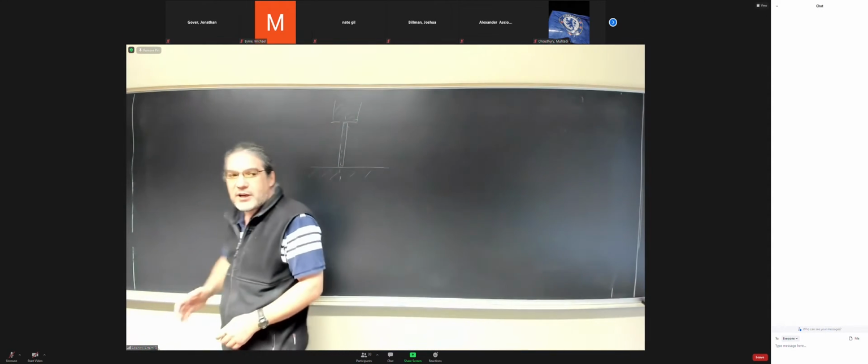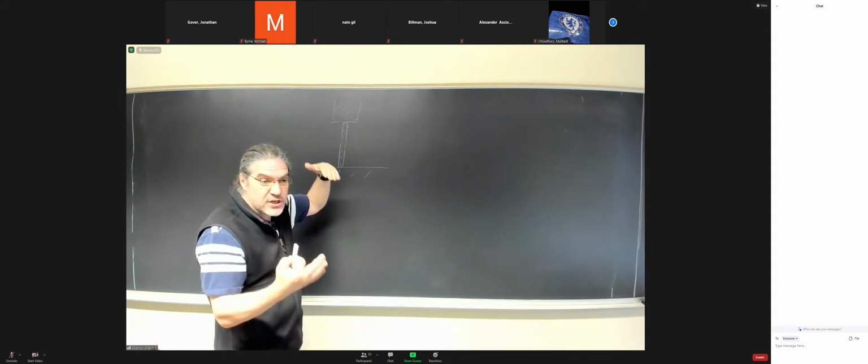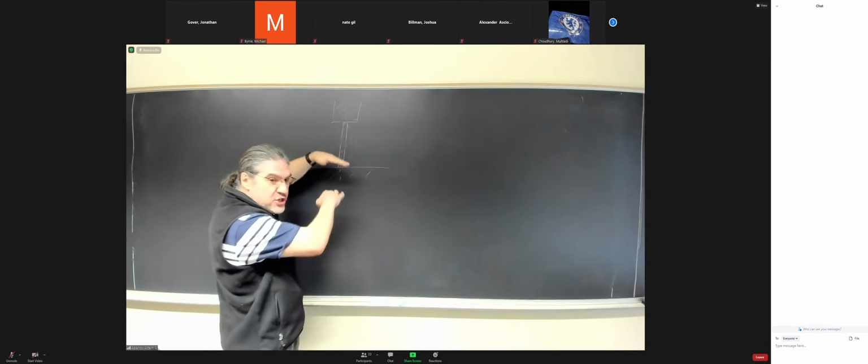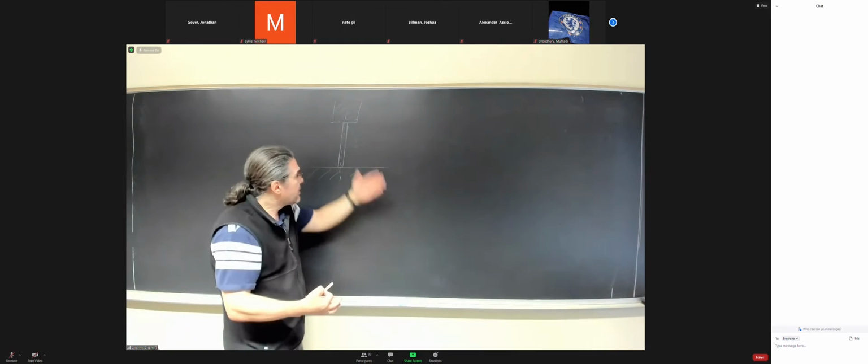So the system was absolutely symmetric with respect to the vertical line, right? And at some point, that symmetry is broken. Although the symmetry of the state is broken, right? The rod was initially very symmetric. Everything which we put on it is absolutely symmetric with respect to this.